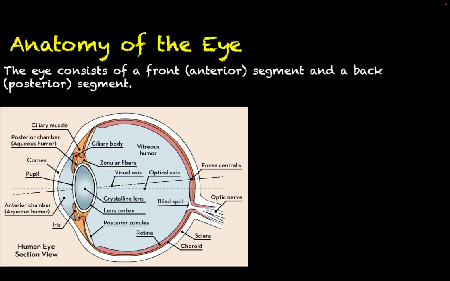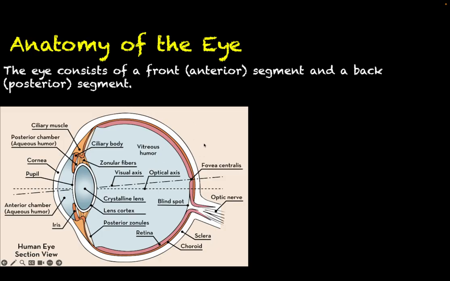Okay, so now let's talk about the actual anatomy of the eyeball itself. And don't be discouraged by all of the labels here. We're not going to talk about every single structure here, so don't worry too much about that. But for now, let's split the eyeball into two parts. We have a front or anterior segment, so that's everything to the left over here, and then a back or posterior segment.